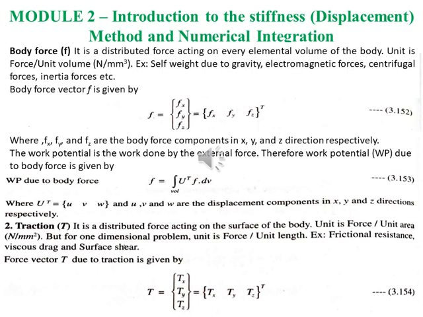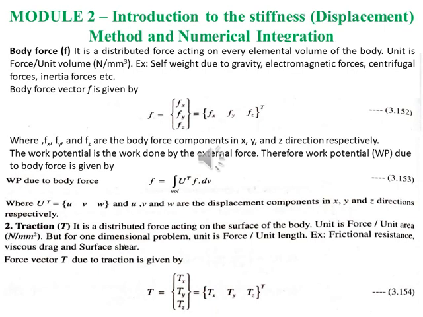But for one dimensional problems, it is force per unit length. In case of 2D problems, it will be Newton per millimeter square, on the surface area or unit area. For 1D problems, it will be force per unit length. The best examples of this are frictionless resistance, viscous drag, surface shear, etc.